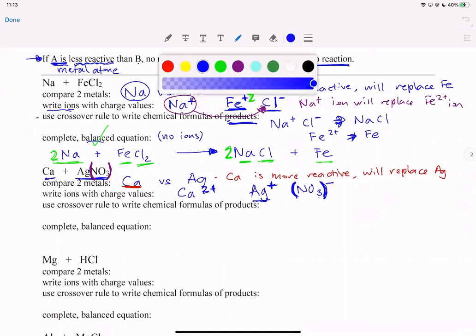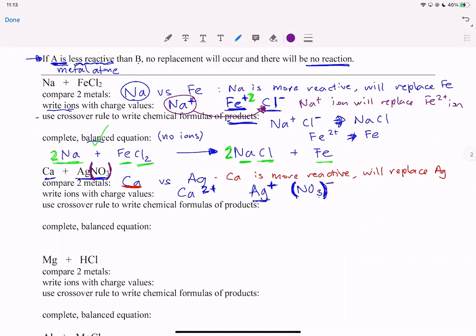Okay, but what happens is there is a replacement. Calcium ion is going to replace, it's going to take the spot of the silver and form a new ionic compound. So I'm going to rewrite this with the calcium. That's the calcium ion 2+, with the new partner, which is NO3-. So there's a new ionic compound formed.